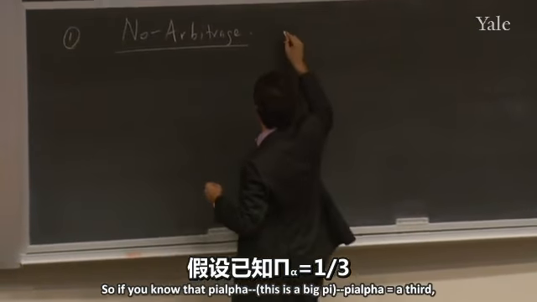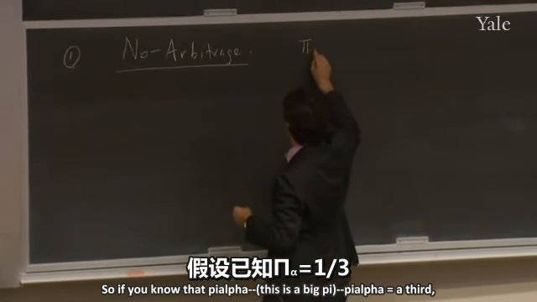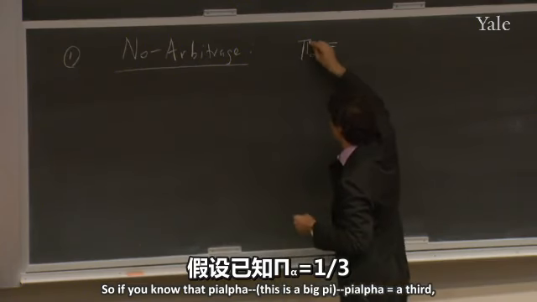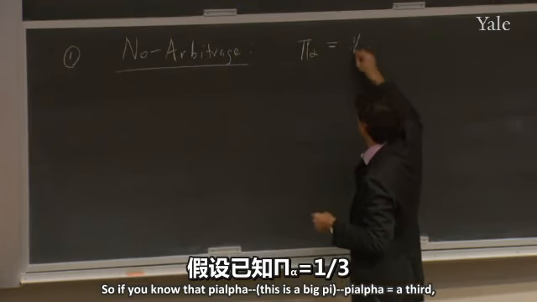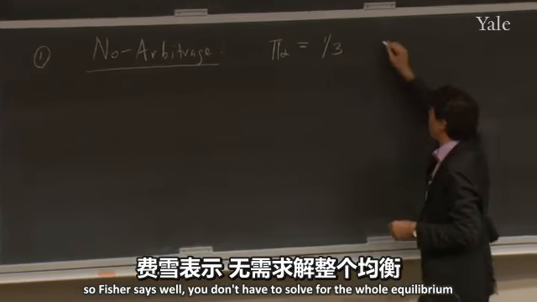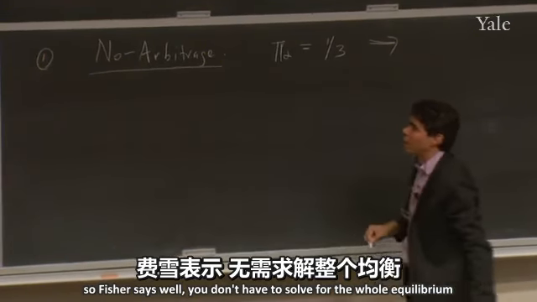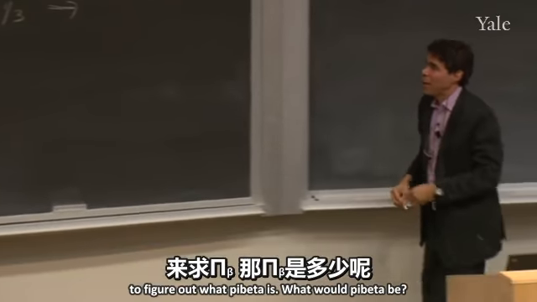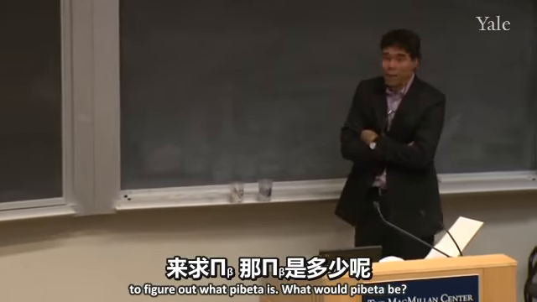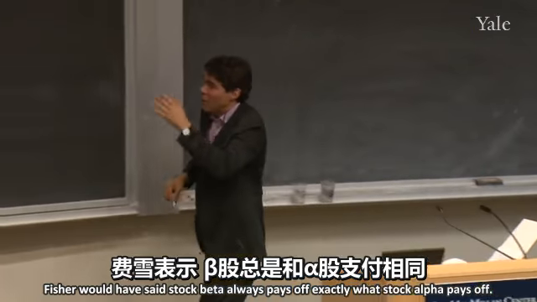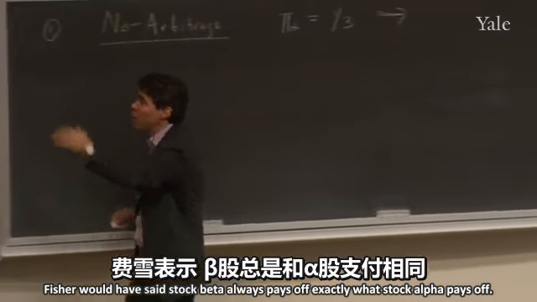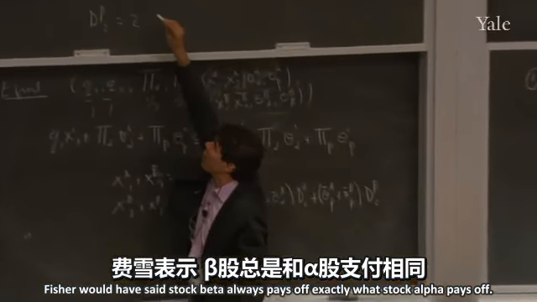So if you know that big pi alpha equals 1/3, okay, Fisher says, well, you don't have to solve for the whole equilibrium to figure out what pi beta is. What must pi beta be? Well, Fisher would have said stock beta always pays off exactly what stock alpha pays off.